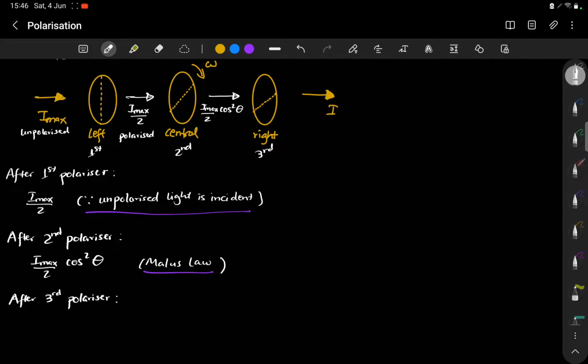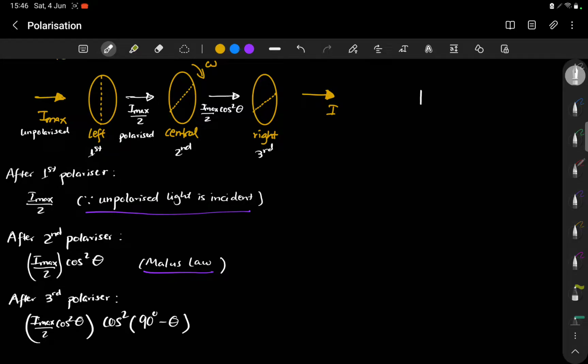So after the third polarizer we will have this incoming intensity times cos squared of, now this will be 90 degrees minus theta. Why 90 degrees minus theta? Because let me draw a cross section of these polarizers.